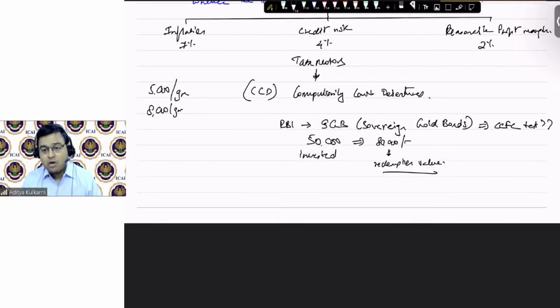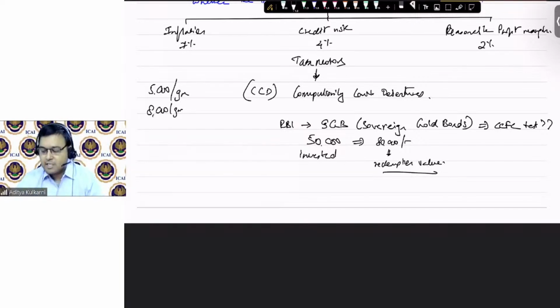And therefore, when you lend money to RBI in the form of sovereign gold bonds, it does not pass the CCFC test. It does not pass the SPPI test, because you are ending up not meeting the basic lending arrangement.